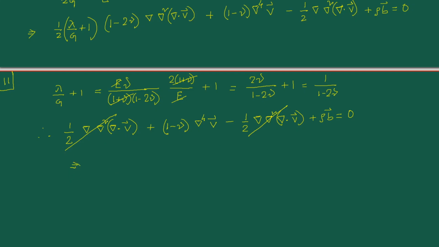So what we are left with is, with a little bit of rewriting, transposing and dividing by 1 minus nu, we obtain this particular form. Now again you consider what happens.